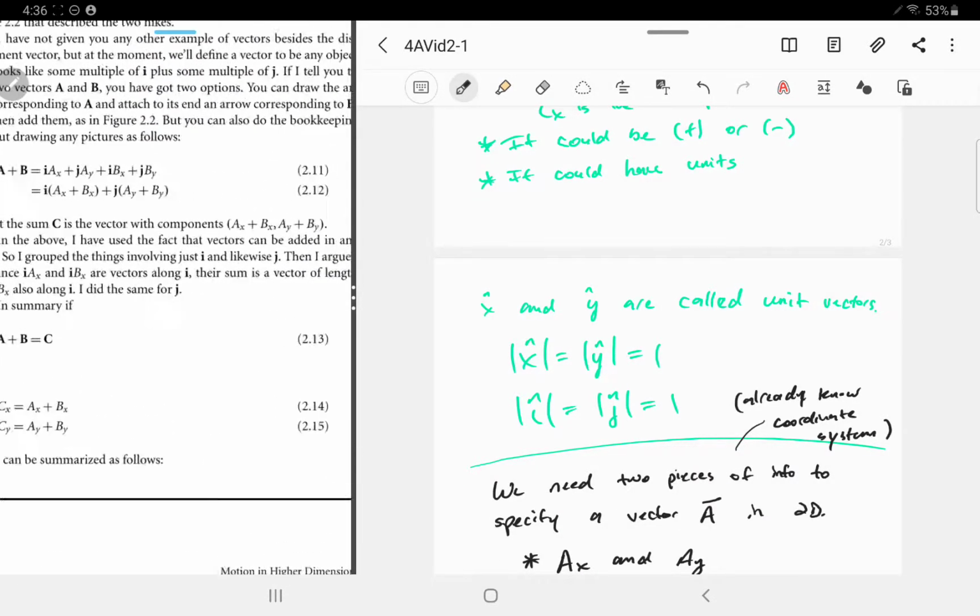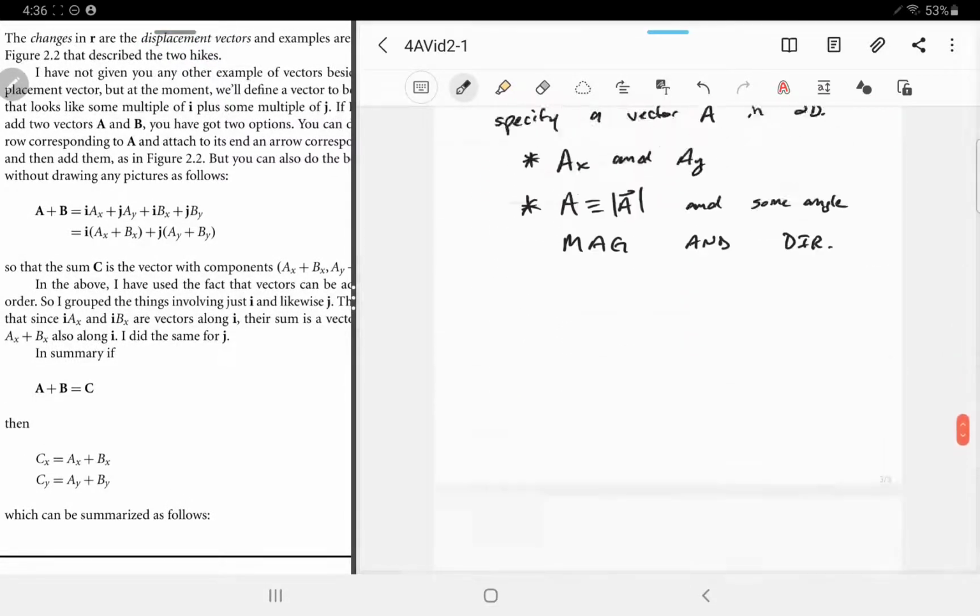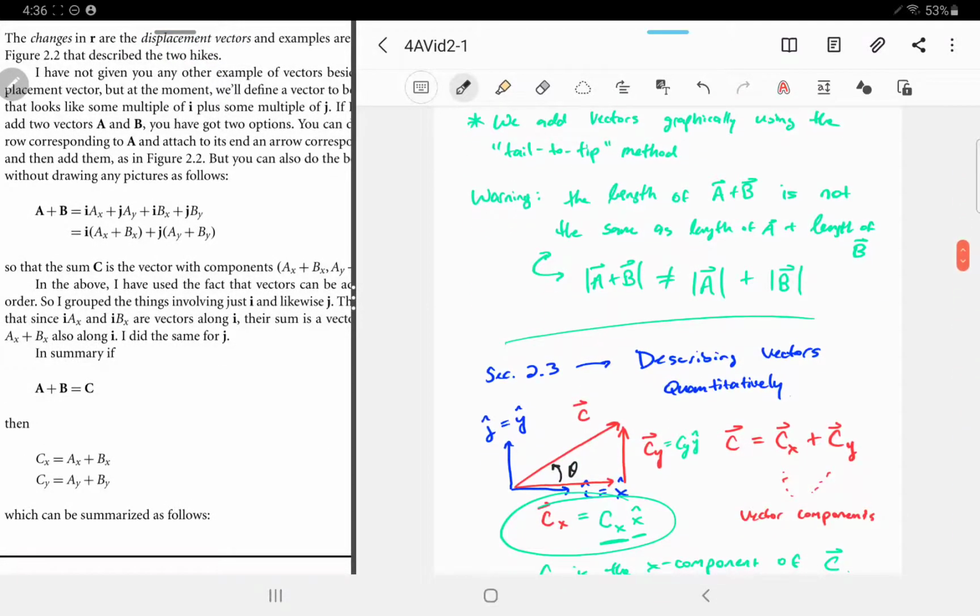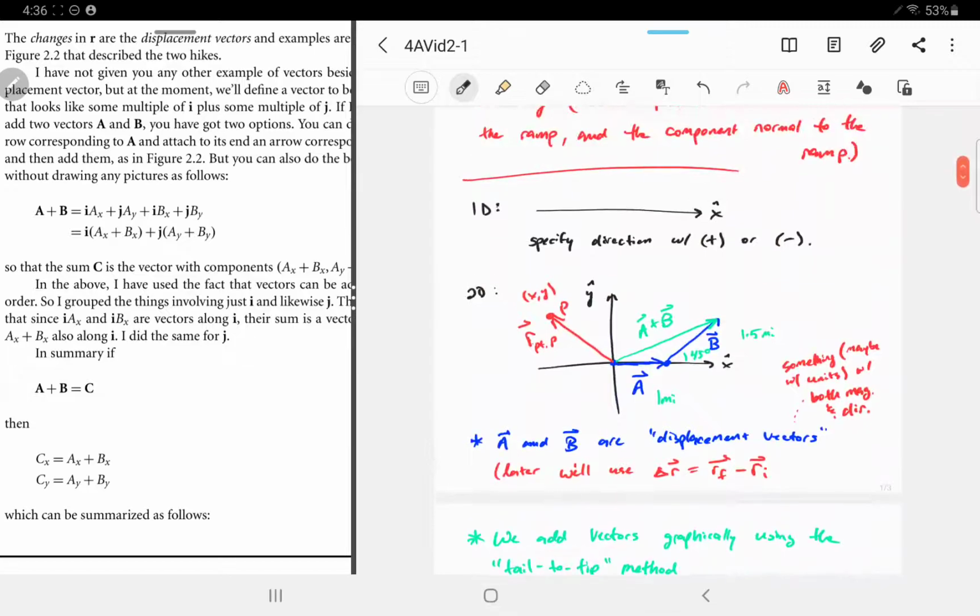One final point, if you're adding vectors, the reason we like components so much is that we can just add them together. So for this right here, if we want to know the x component of a plus b, you can just take the x component of a and then the x component of b and add them together. So they would both be positive, and they add together, and that's clearly the x component of a plus b.